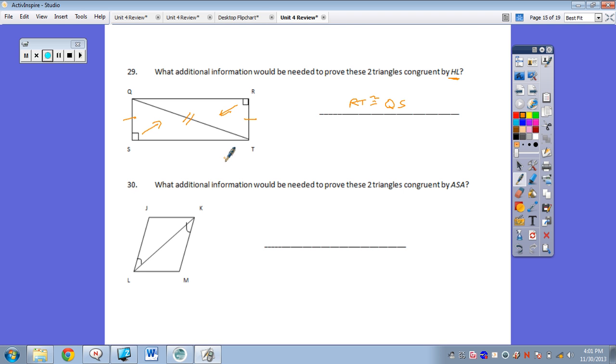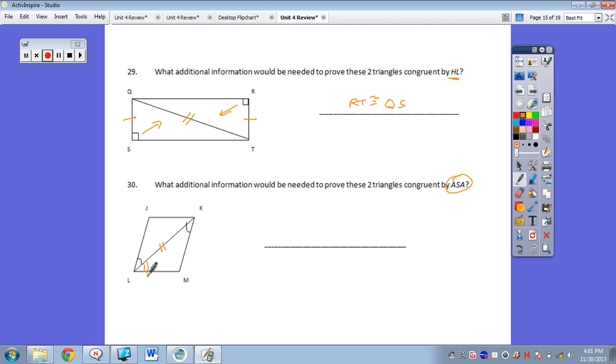Alright, number 30. What additional information would be needed to prove these two triangles are congruent by ASA, angle side angle? Well, the side, reflexive, LK is congruent to LK in both triangles. They both share that side. So we have an angle and a side. So the other angle has to follow after the side.